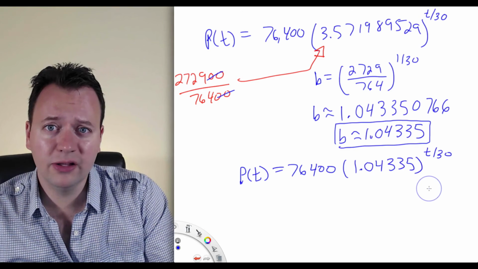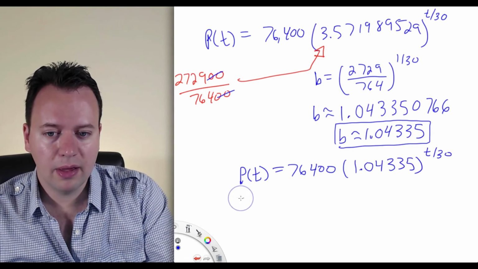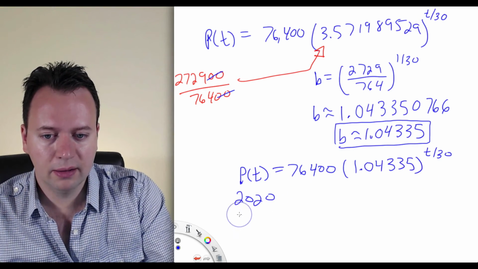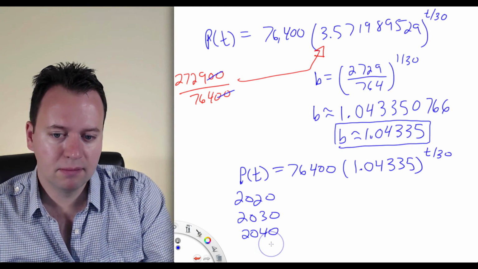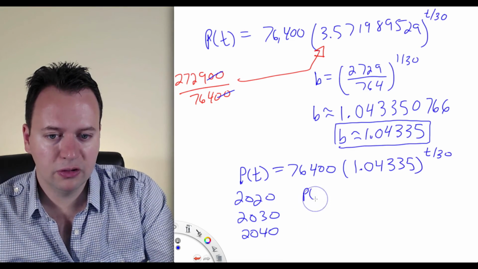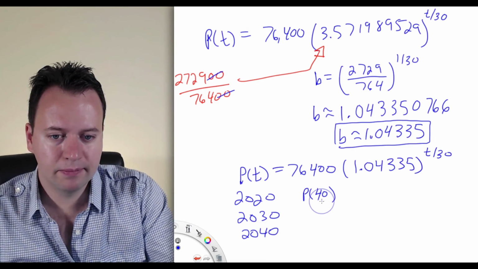Now let's take a look into the future. What about the year 2020? And let's look at 2030, 2040. So this would be P of 40.